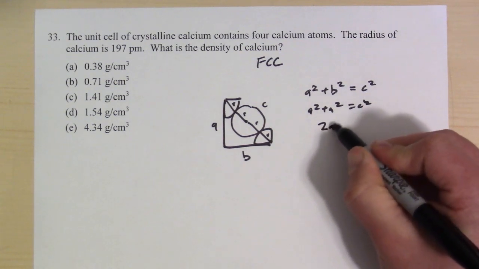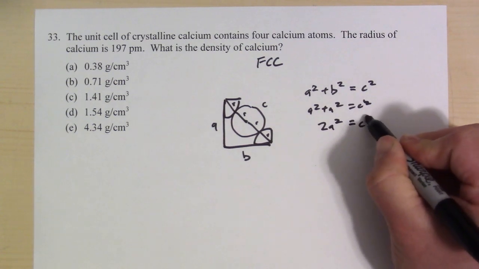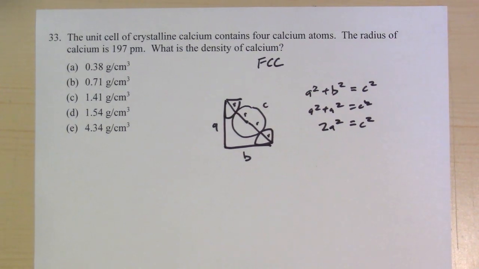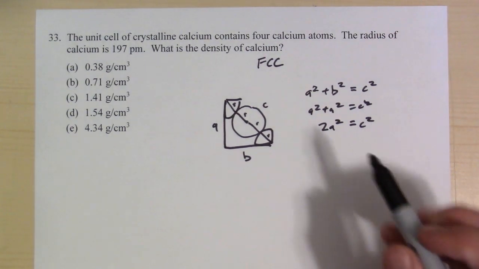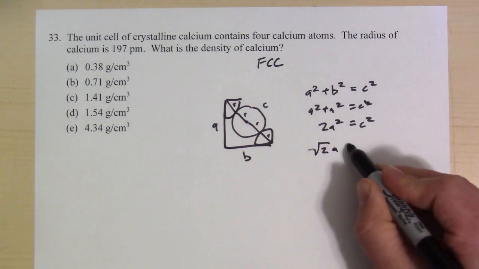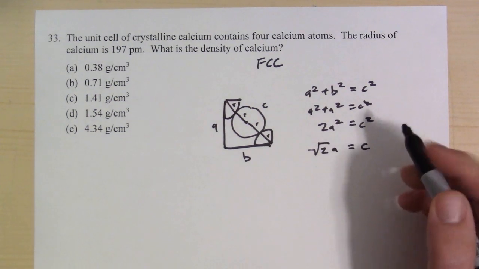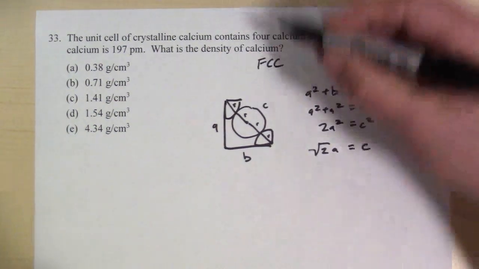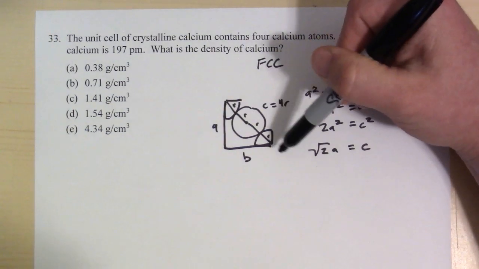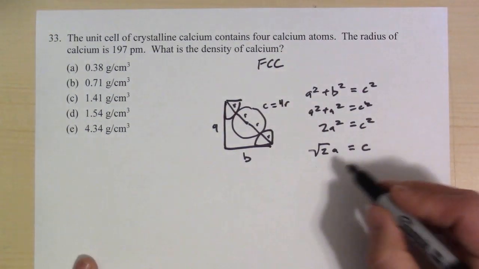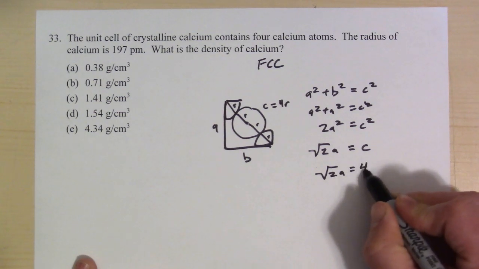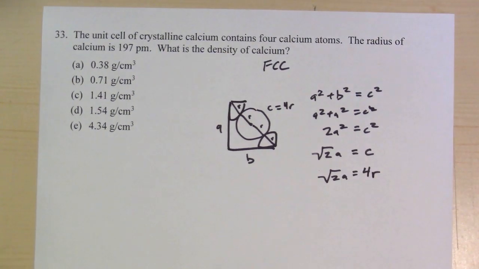And so that gives us 2A squared equal to C squared. So if we take the square root of each side to solve just for C, that gives us root 2 A is equal to C. We know that C is equal to 4R. There's 4 radii along that diagonal.